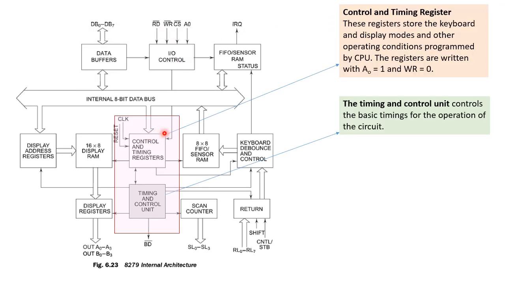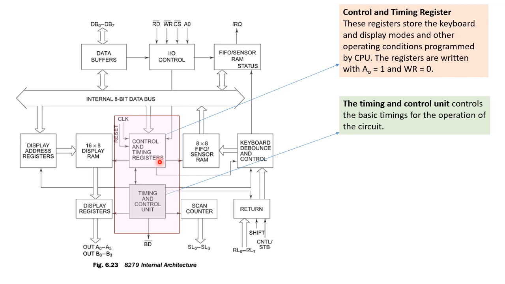The next section contains the control and timing registers and the timing and control unit. First is the control and timing registers. Inside this 8279, it can work in different modes, such as keyboard mode and display mode.